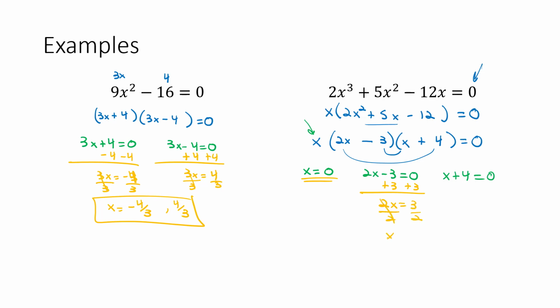Divide by 2, and x equals 3 halves. And the last equation, we'll subtract 4, and x equals negative 4. So we have three solutions for x: 0, 3 halves, and negative 4. Don't forget to factor out the GCF.